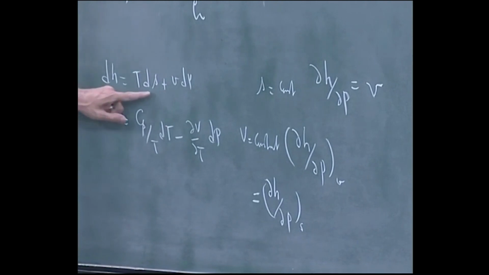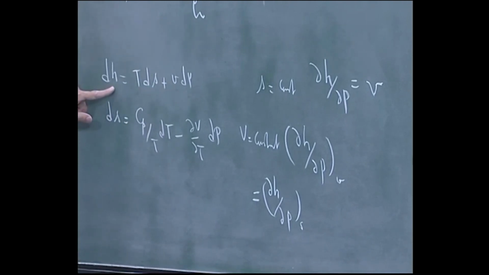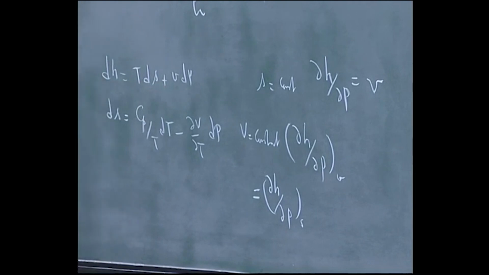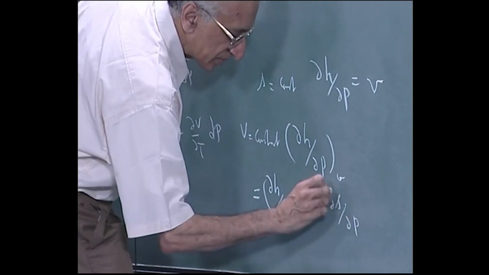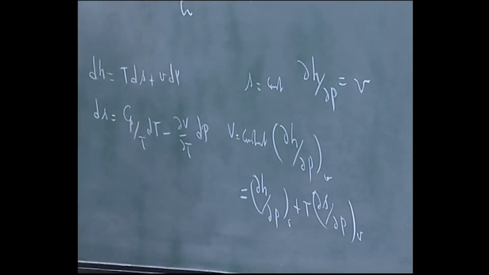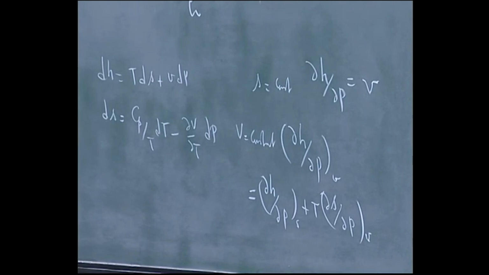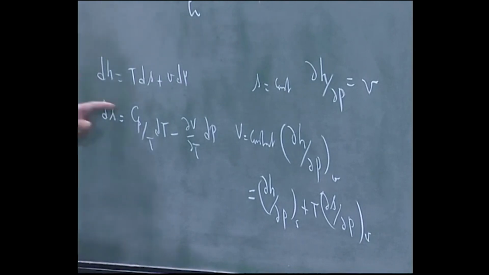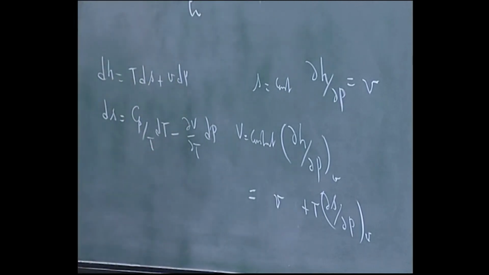So if you are differentiating this with respect to P, you get dou H by dou P at constant S plus this term, plus T dou S by dou P at constant V. This first term is of course V, H with respect to P at constant S is V. Doing something wrong.